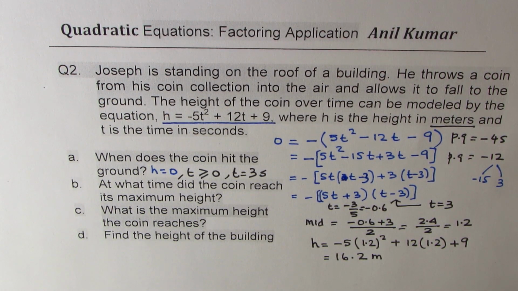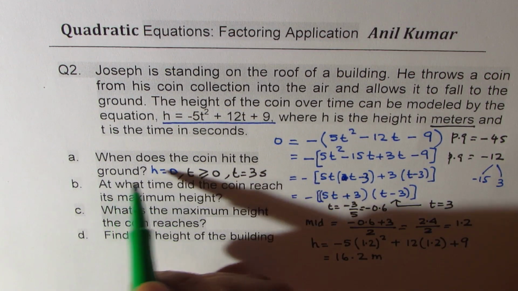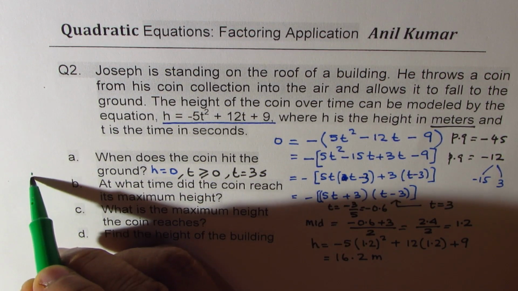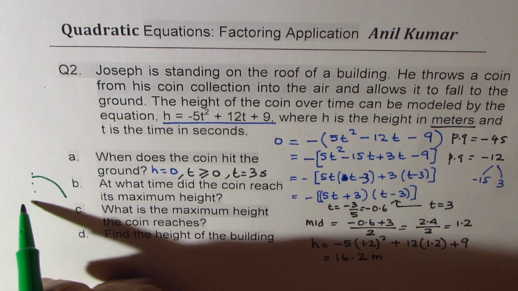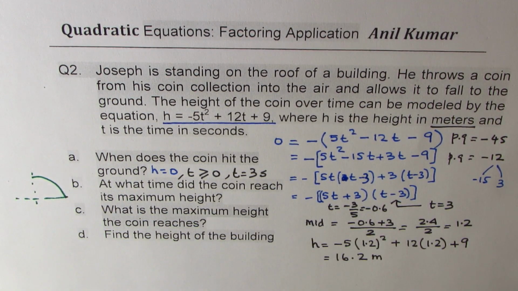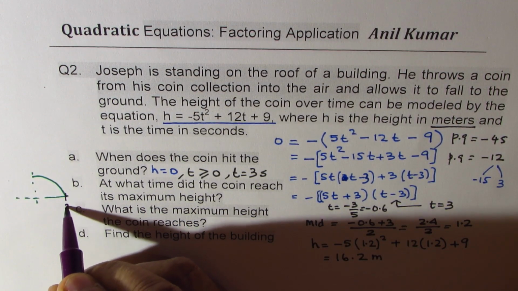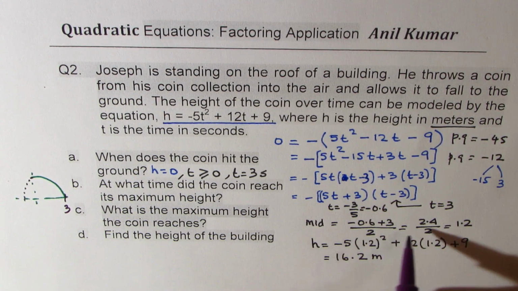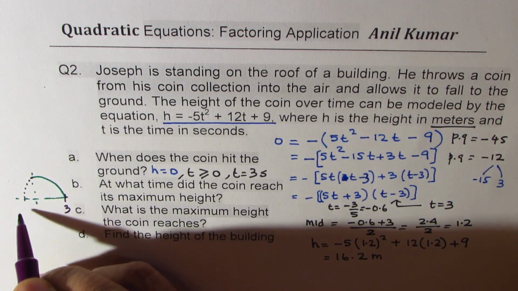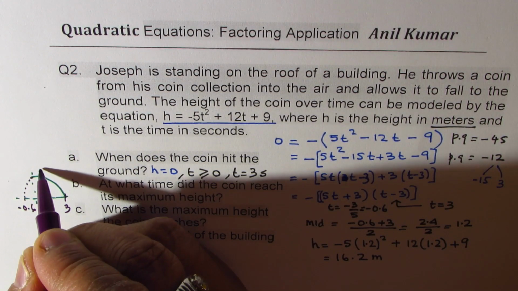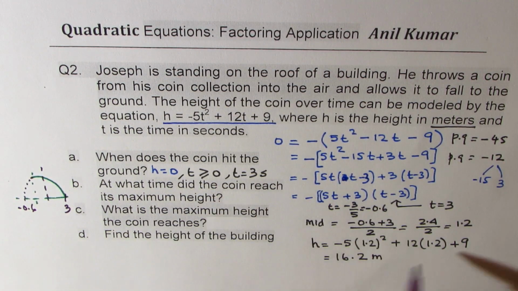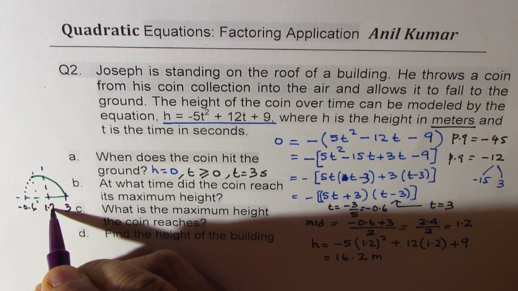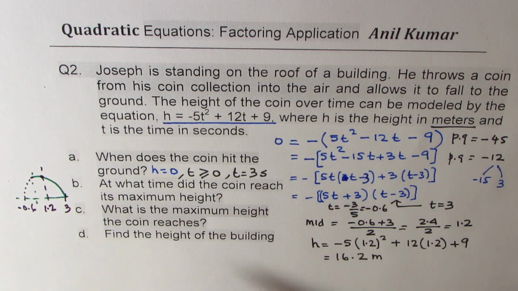So basically what we did was, we had this parabola. So from the building, the coin came like this, right? So we knew that this time here is 3, and on the other side it was minus 0.6. So we found the middle value, which was 1.2, at which we found the height of 16.2 meters.